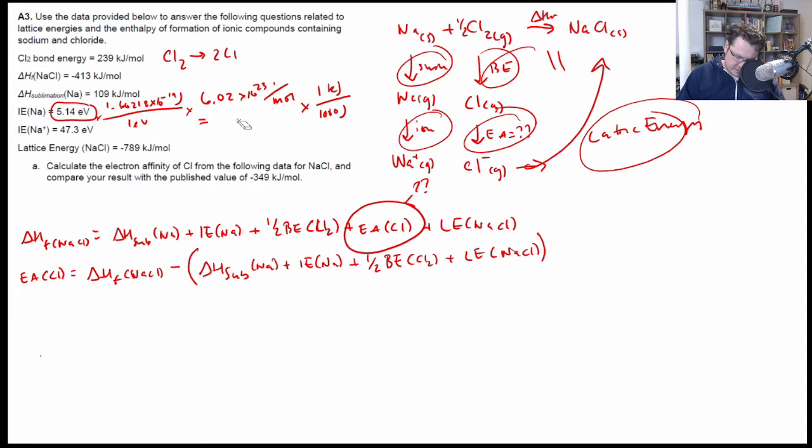So I'll just say 496 kilojoules per mole. So now all of that is on the same scale.